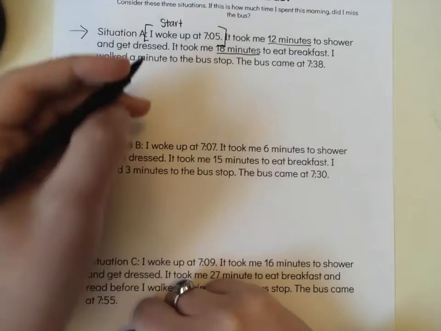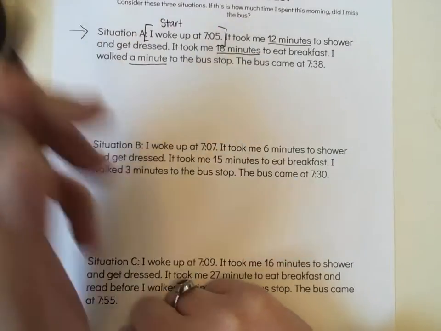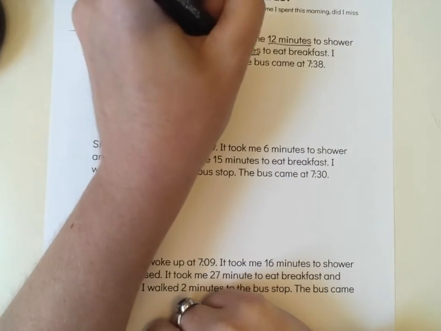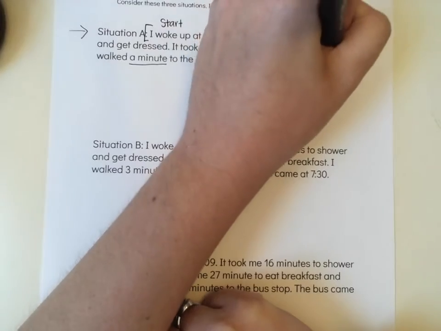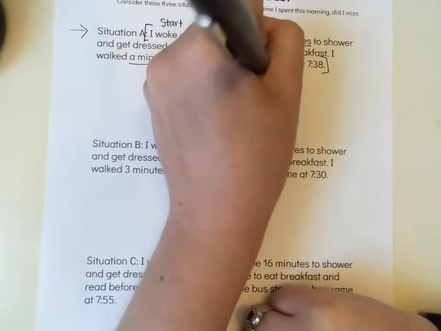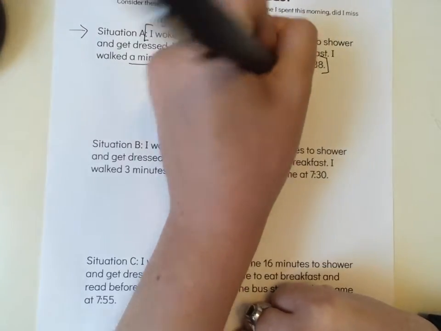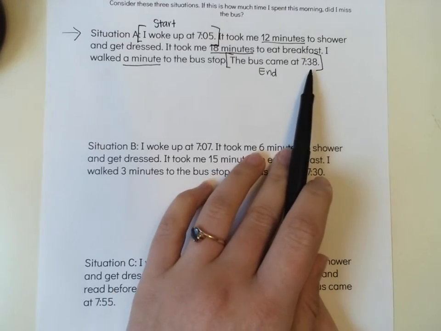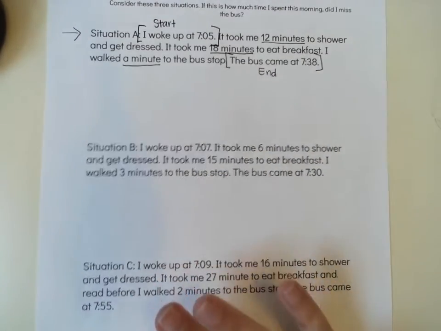And I walked 1 minute to the bus stop. Those are the different increments of time that they took to complete each of the activities that they had to do in the morning. The bus comes at 7:38. I'm going to put a bracket around 7:38 because that is going to be my end time. I know that I have to complete all of these activities by 7:38 and be at the bus stop, or else I will miss my bus.